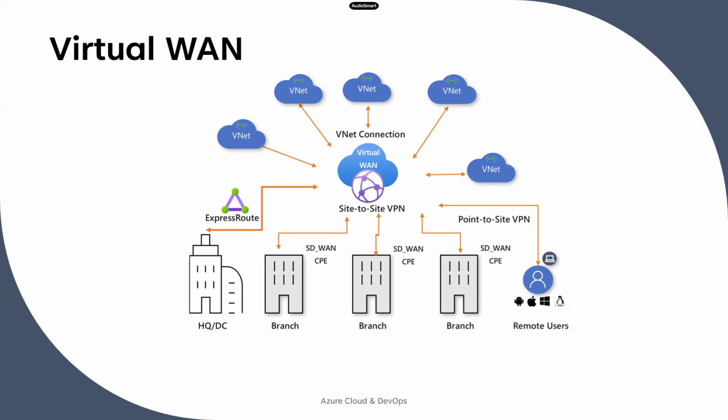Okay, so it is kind of a hub. Here we see ExpressRoute, right? ExpressRoute is there. Here site to site VPN is there. Here point to site VPN is there. So all these connections can be managed with the help of what? Virtual WAN. Every connection can be configured here, and from here we can route which connection needs to go where. Okay, so it is kind of managing things in one place.